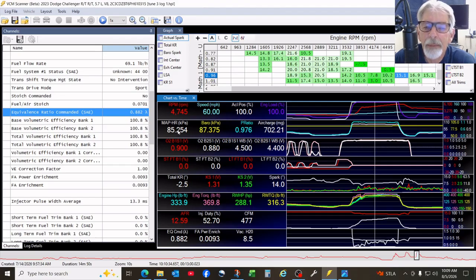My manifold absolute pressure is less than my barometer, and therefore I have a vacuum of 8.5. Now, if we take just these two numbers, ignore the rest for the moment, and subtract them, that difference is the depression, okay?